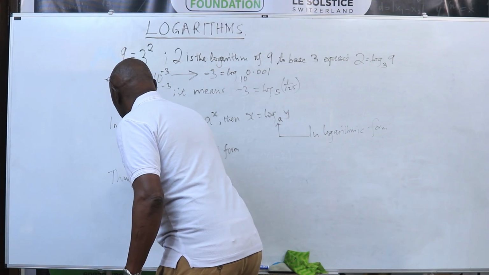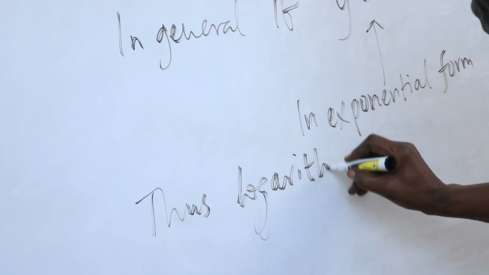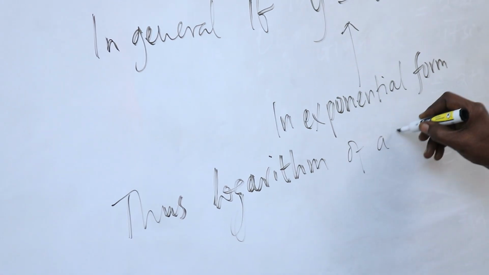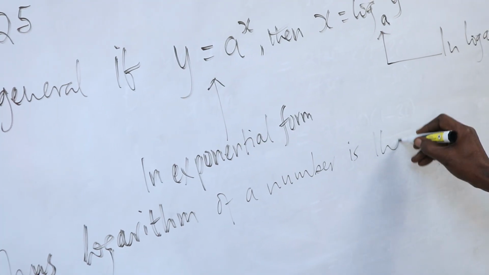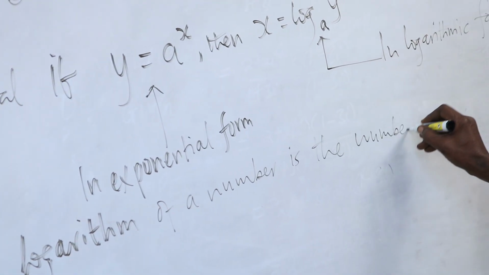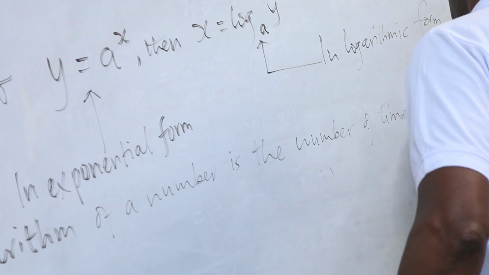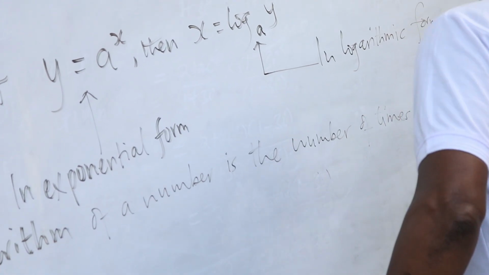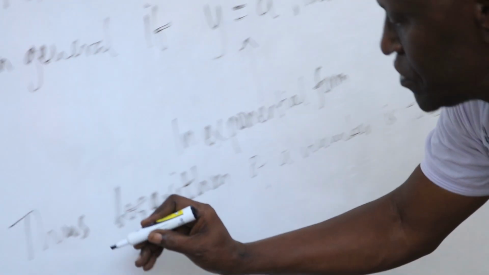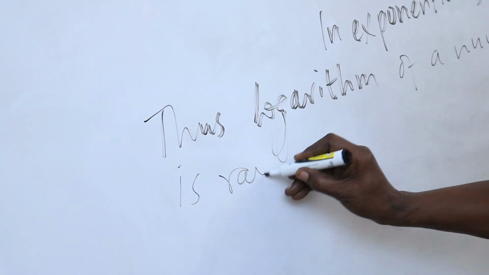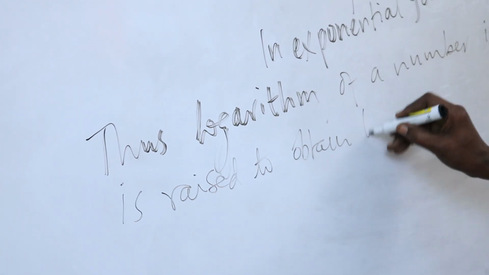Thus, logarithm of a number is the number of times another number is raised to obtain the original number.